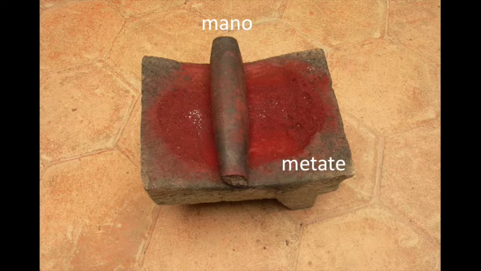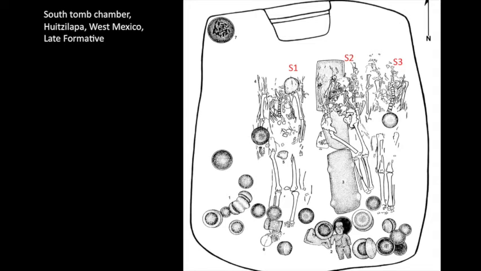The set of items is usually used to grind corn into dough for making tamales or tortillas. But in this photo, it was used to grind cochineal, a fabric dye. Like spinning and weaving, cooking was gender female in Mesoamerica, so it's appropriate that the woman S2 was buried on two metates.